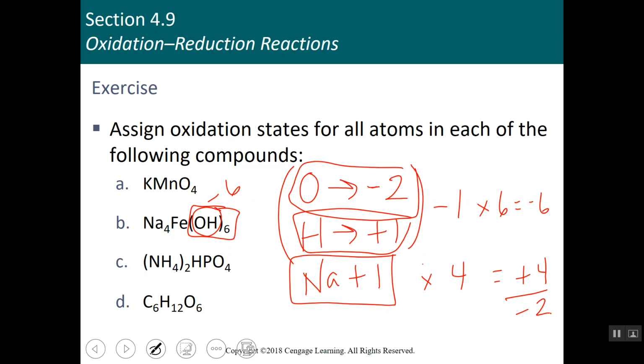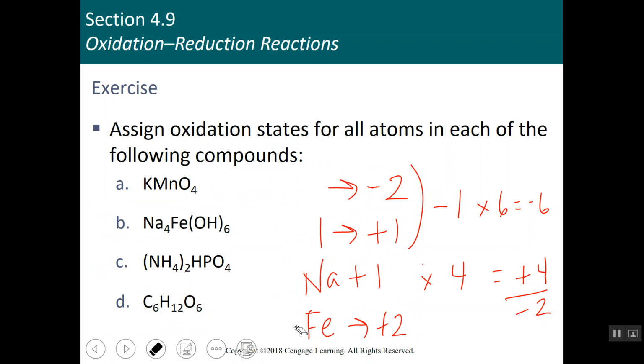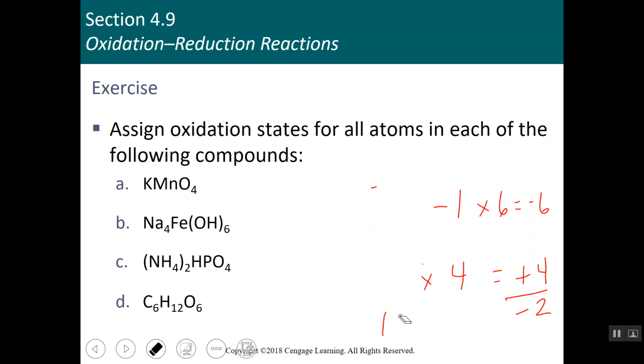We still have one element that we can assign an oxidation state to make that compound be 0. So that is that iron, and we're going to give it a +2 charge. So I chunked that a little bit because I knew the polyatomic ion's charge. So again, stop if you need to, process that, and you can even try that on your own if you want.